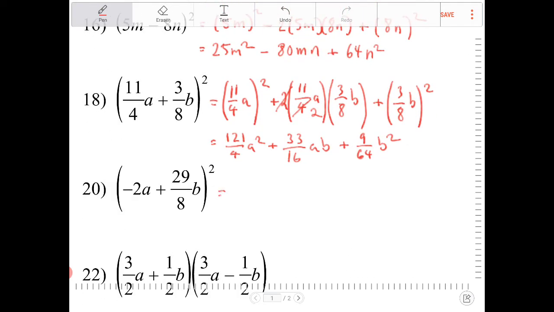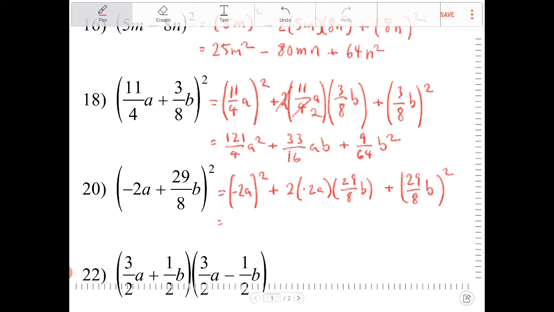Let's try this again. So I see here that this is a sum, okay? However, the leading term here is negative. This is actually a perfect square, but with a difference in between. However, you're going to see that at the end if you didn't recognize that already. But let's see here. This is (negative 2a) quantity squared, plus 2 times negative 2a times 29/8 b plus (29/8 b) quantity squared.